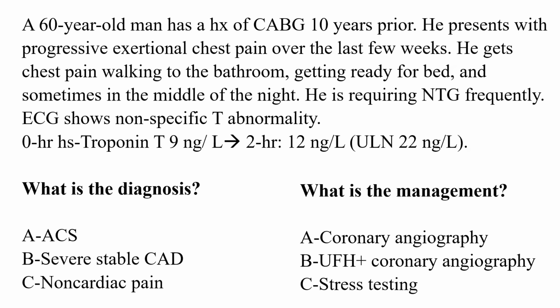And remember, stable CAD progression actually involves multiple layers of plaque ruptures. But the plaque is stable now, no thrombus, because his high sensitivity troponin is negative. So that's why in the current era of high sensitivity troponin, this patient should be called severe stable CAD. Now, you may still use the term unstable angina, but mechanistically, this is more severe stable CAD.